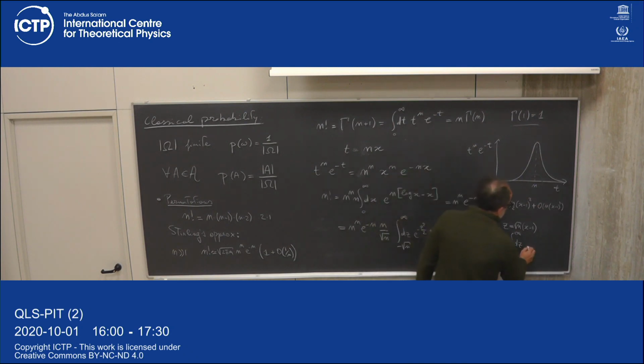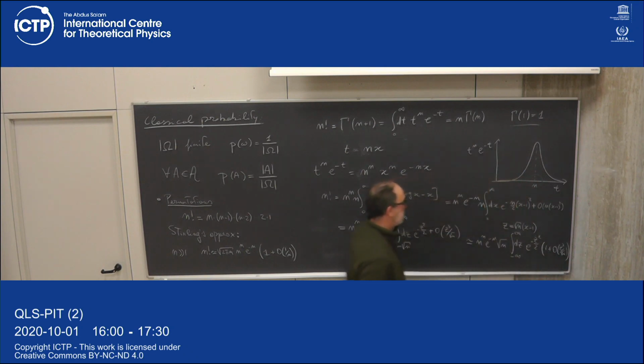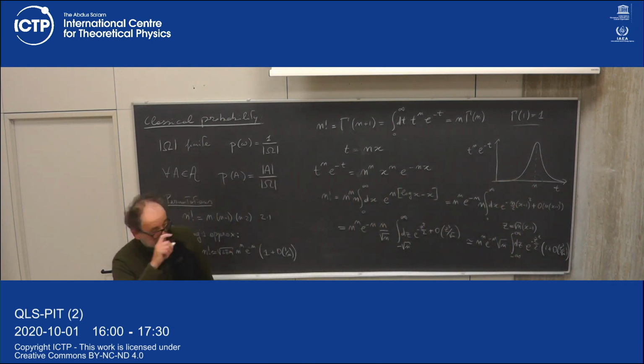And then this is e to the minus z squared over 2 times 1 plus orders of z cubed divided by square root n. Okay? Very good.